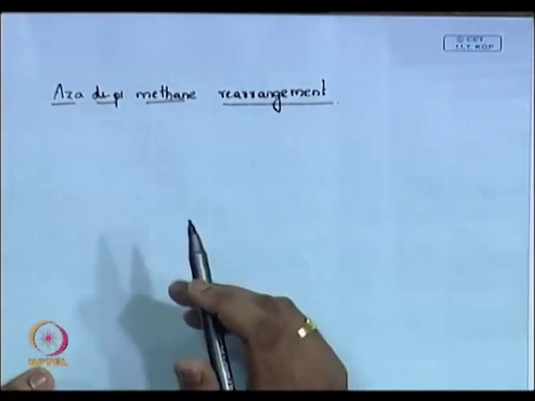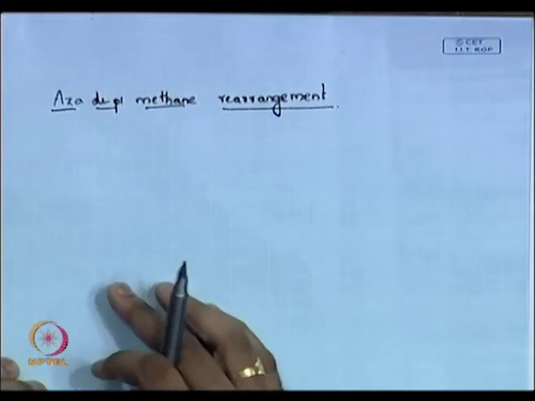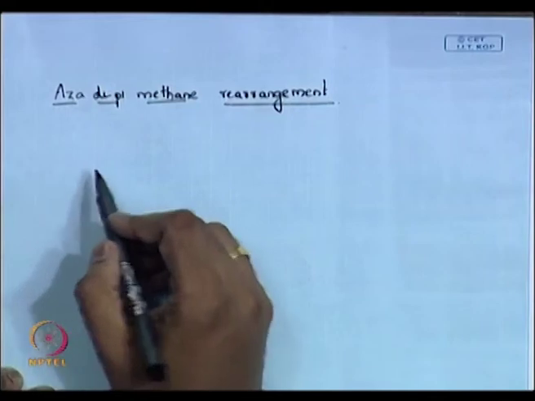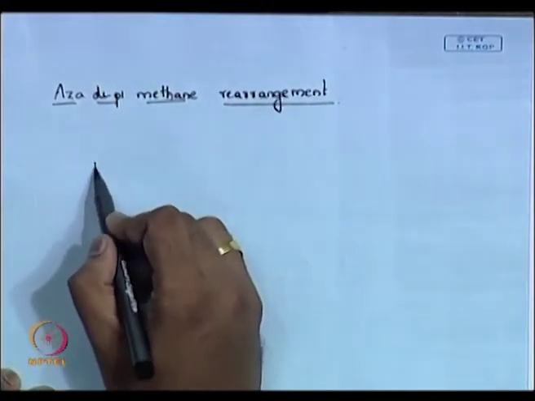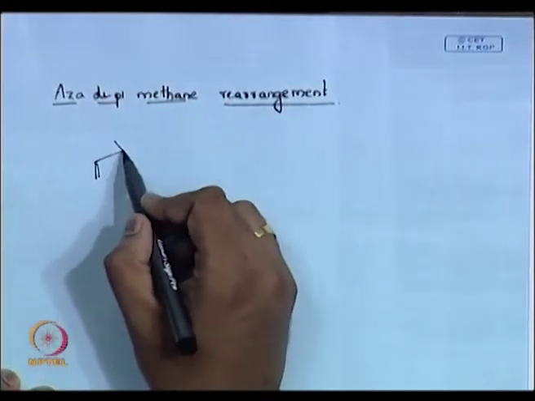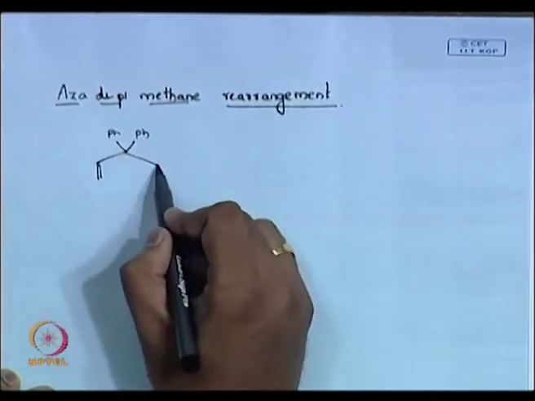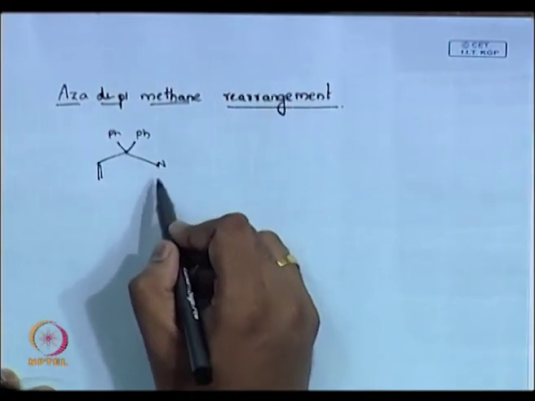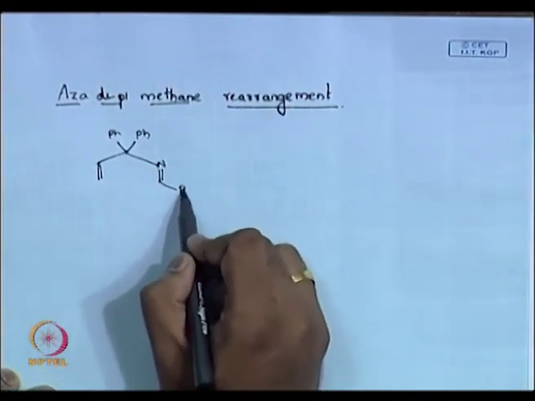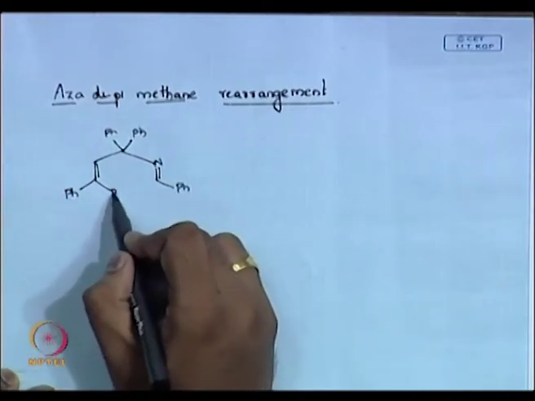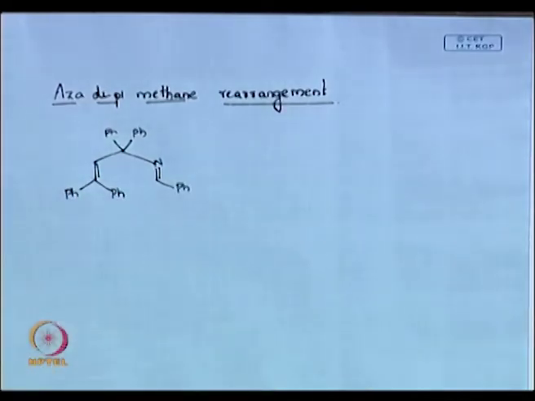Because once nitrogen comes into the picture, we never think about di-pi-methane rearrangement. So it is better you know that this chemistry happens even from the nitrogen here.